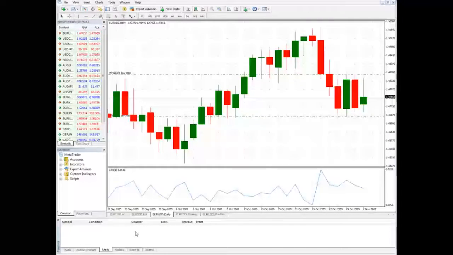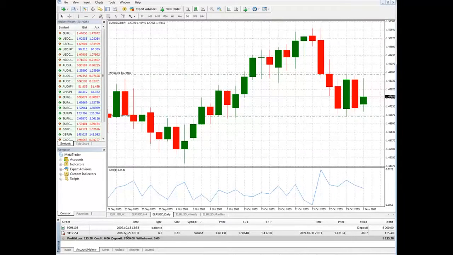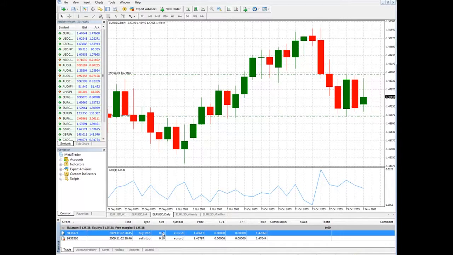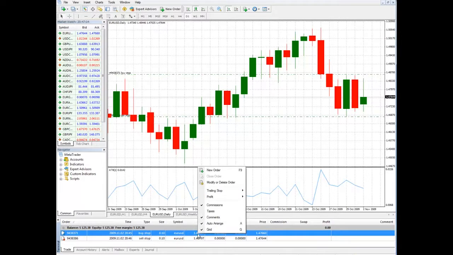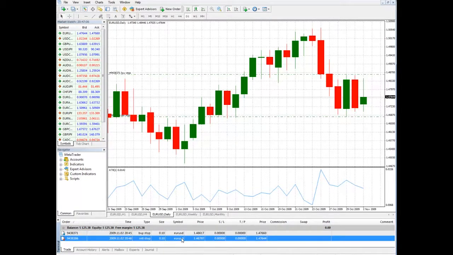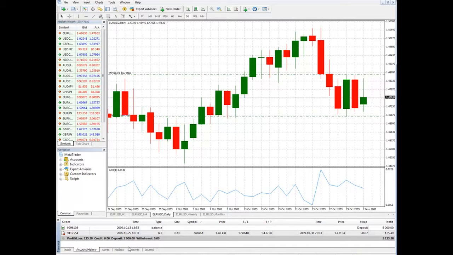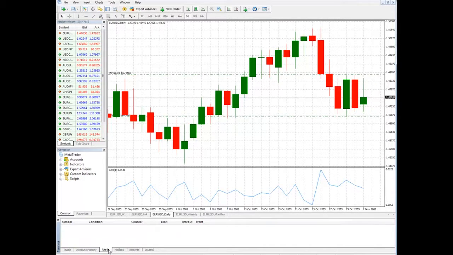Okay. Not sure if they'll let us go through here, because I'd like to label the buy stop. Okay, no, that's fine. There we are. We've got both trades in place. Sell stop here, buy stop there.